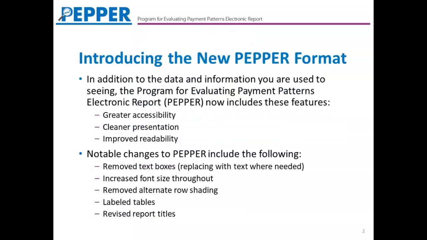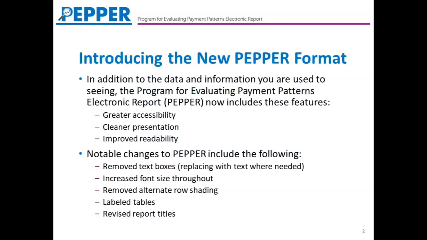Starting with the Q1 FY20 short-term Pepper release, the Pepper has a new and improved format. While all of the data and information that you're used to seeing in your Pepper will still be available, the new format includes several new features, which include greater accessibility, a cleaner presentation, improved readability.